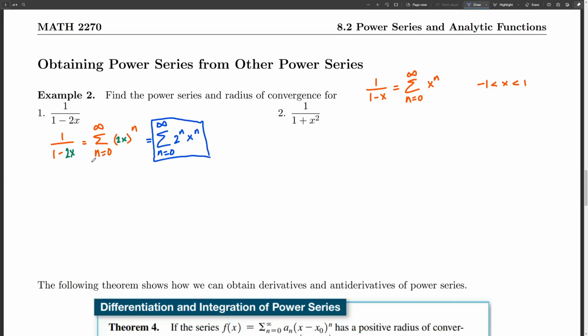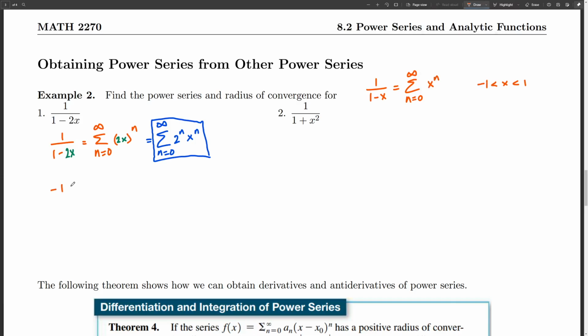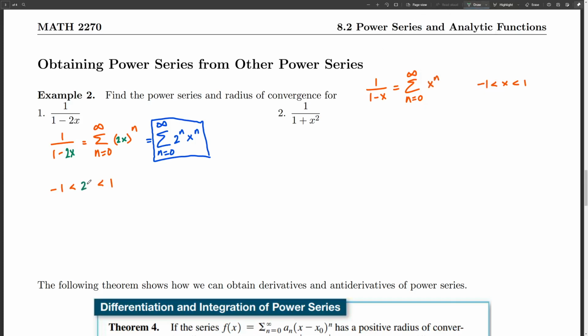Now, we also need to find the radius of convergence. So what we do is we write negative 1 is less than, and instead of x, we're going to write 2x, and then less than 1.